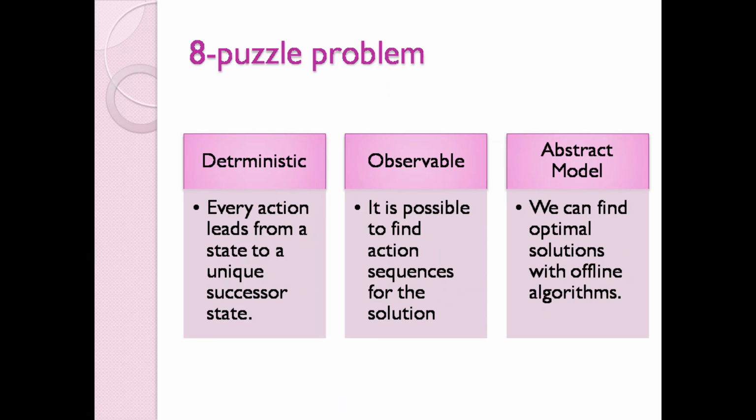Being deterministic and observable makes action planning relatively simple, because due to having an abstract model, it is possible to find an action sequence for the solution of the problem without actually carrying out the action in the real world. I need not have a number plate and move it every time to find the solution.